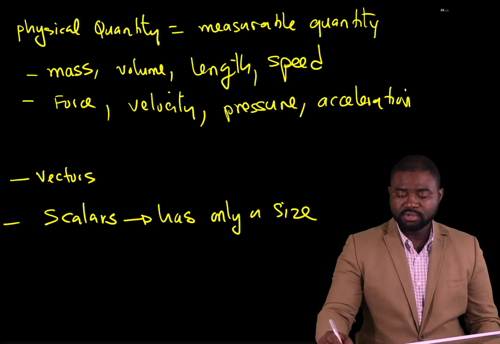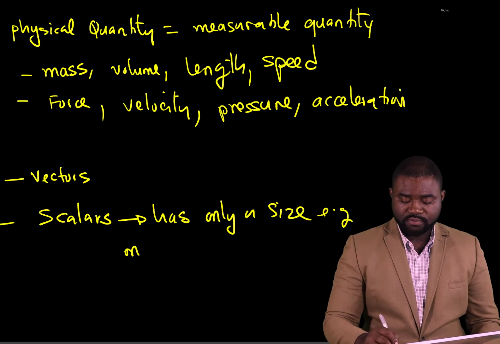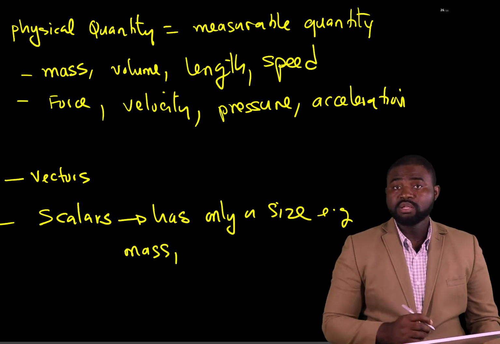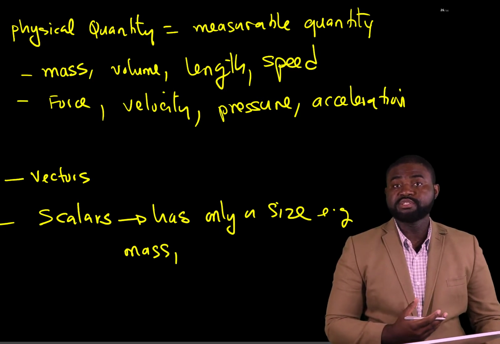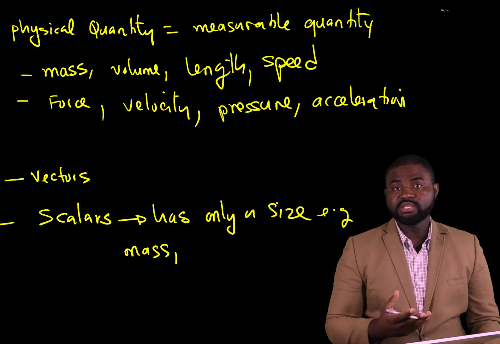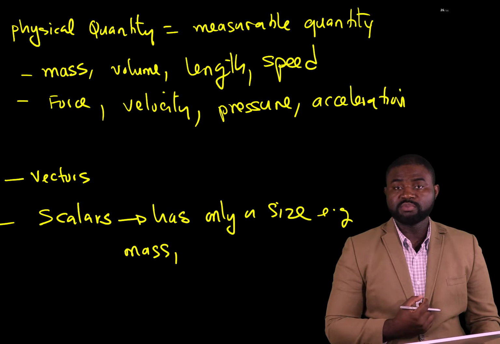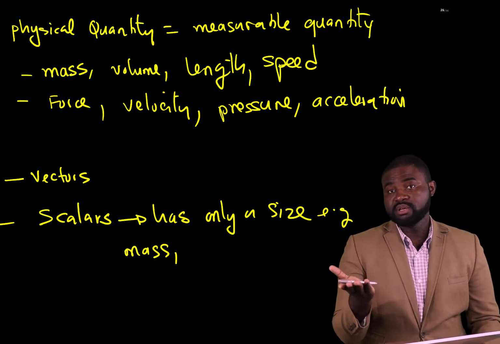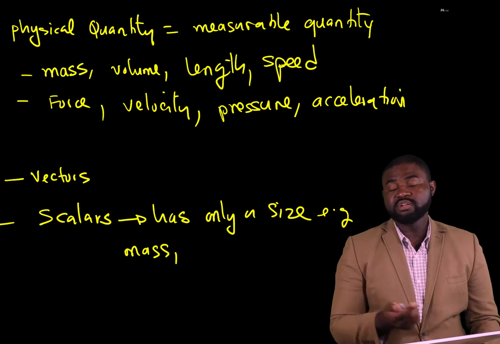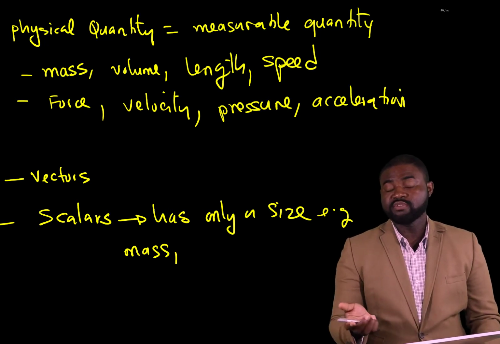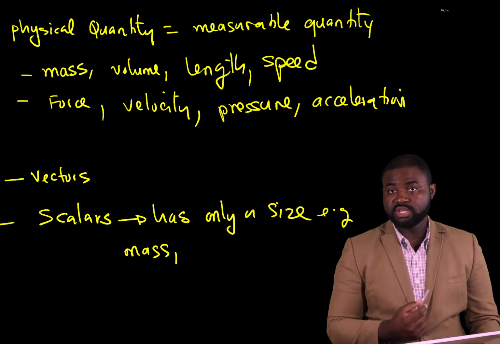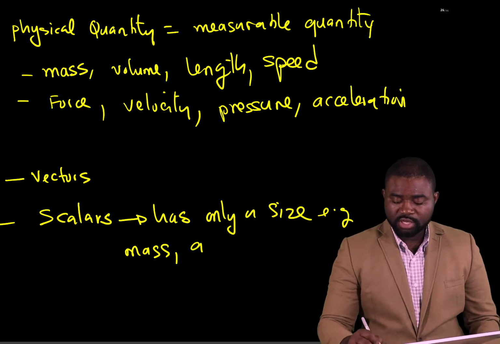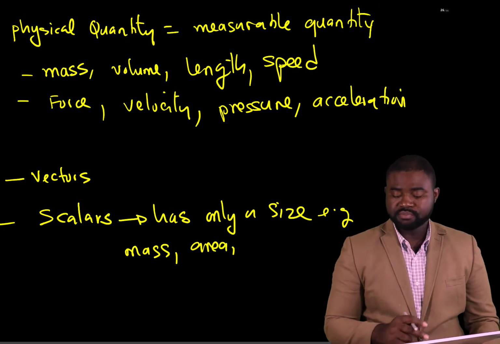For example, mass. The mass of an object has just a size. You can be light, you can be heavy, you can be 1 kilogram, you can be 2 kilograms. If I say that the mass of this pen is about, let's say, 10 grams, it's just 10 grams. It has no direction associated to it. So it's an example of a scalar quantity. Another example is area.